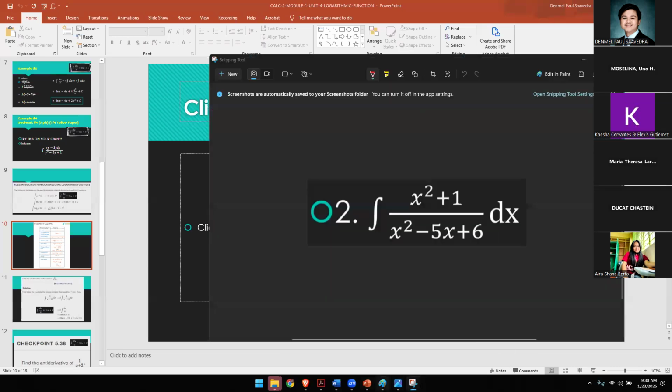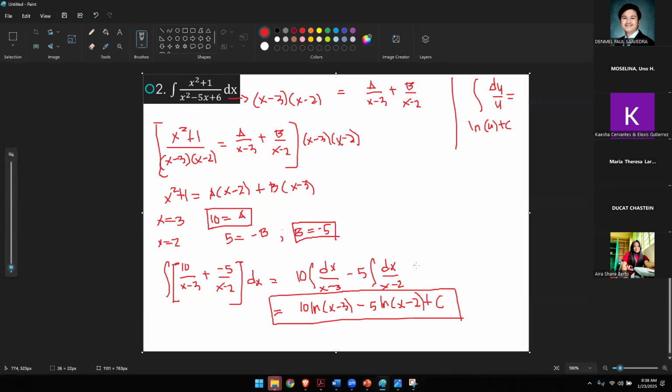But yeah, just in case that you want to simplify this one, it's like 10 over 5 and then ln of x minus 3 over x minus 2 plus c. Then, not sure kung magiging 2 to. Okay.